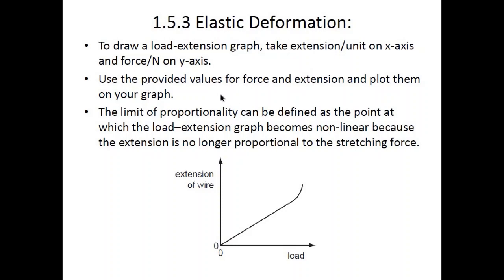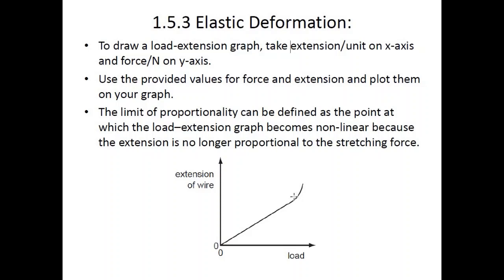Use the provided values. You would be given values for force and extension, and then you simply jot down the points and connect them together with a pencil. The limit of proportionality on an extension-load graph or extension-force graph is defined as the point where the straight line becomes bendy or curved.